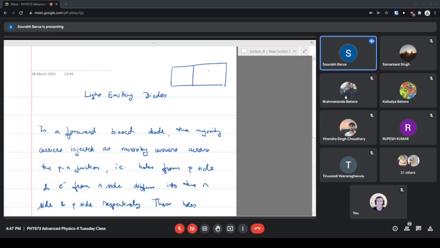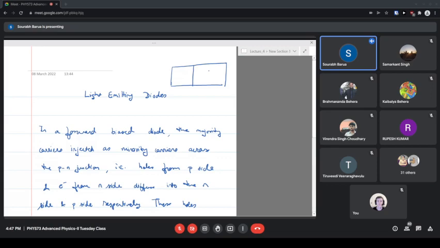Now, if this electron goes and fills this vacancy, then you emit the same amount of energy back. So you generate a light photon. Exactly that is what is happening in a light emitting diode, and that is what is going to give you light. So when you forward bias the PN junction, you get light.